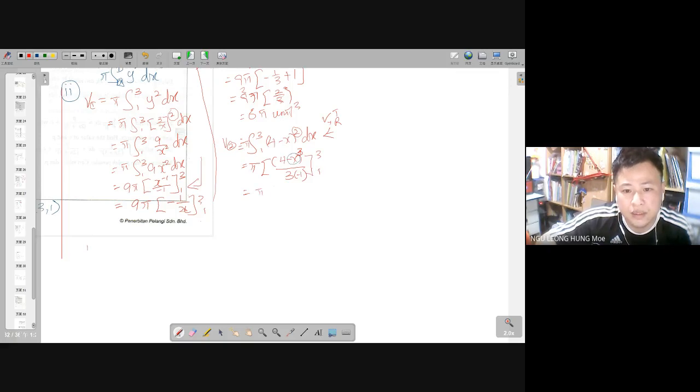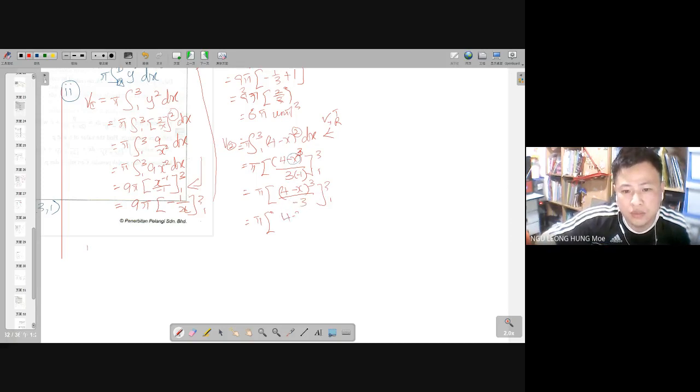So pi times negative 4 minus x cubed over negative 3. Let's check now: 4 minus 3 is 1.